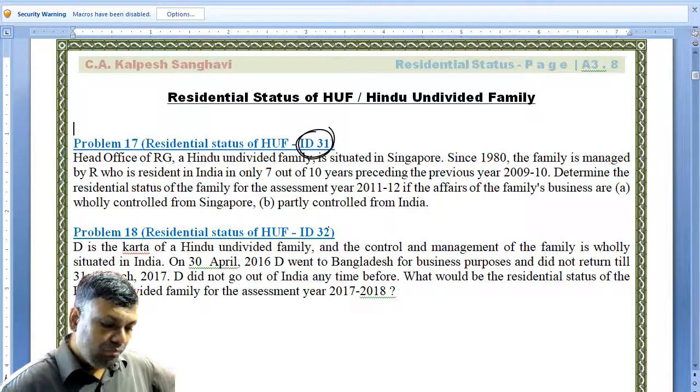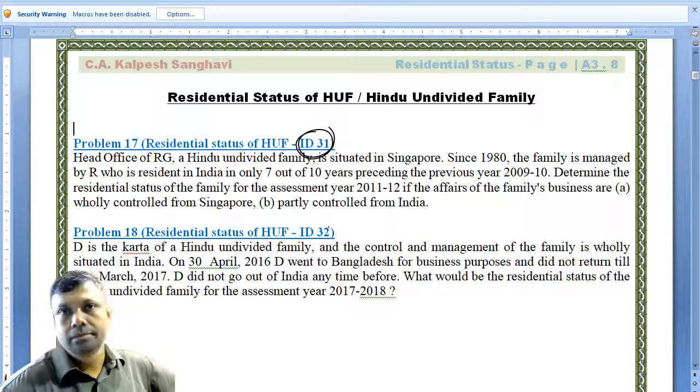Since 1980, the family is managed by R, who is a resident in India in only 7 out of 10 years preceding the previous year 9-10. Determine the residential status of the family for the assessment year 11-12 if the affairs of the family's business are (A) wholly controlled from Singapore and (B) partly controlled from India.